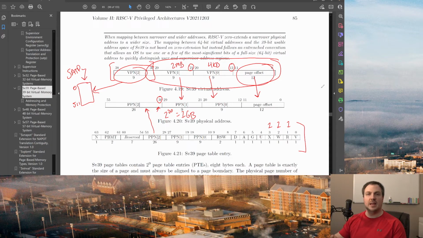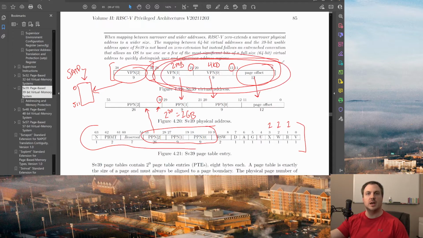If we have a leaf at level 1, we're going to have 21 bits copied directly from the virtual address. And if we have a leaf at level 0, we're going to have 12 bits copied directly from the virtual address. So essentially what we're doing is the page level tells us what is going to come from this page table entry, this PPN right here, and what's going to come from the virtual address up here.